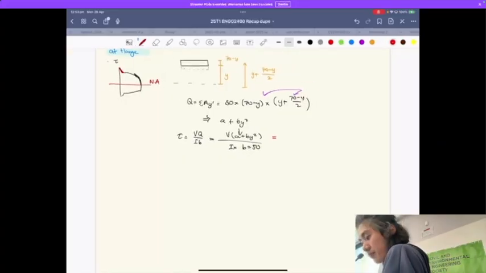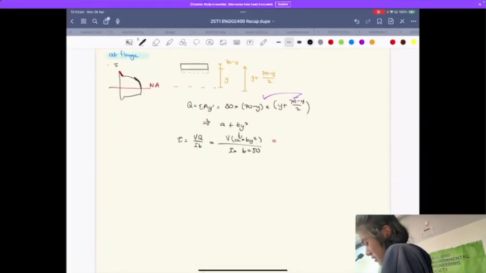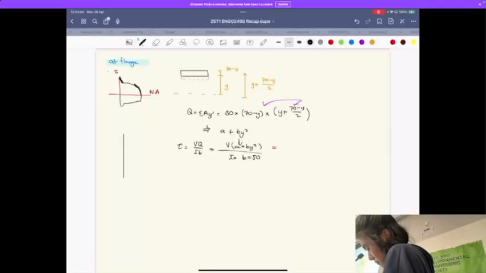And basically, what that means is you can find what these numbers are now. So you know that this is y is equal to 70.